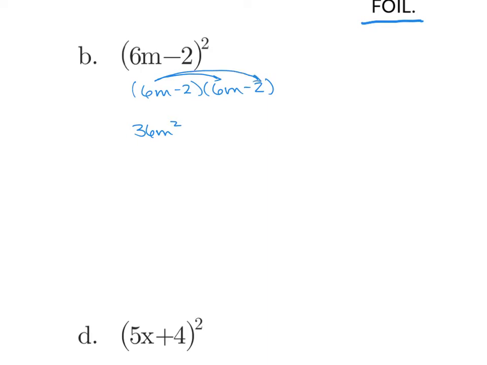Outsides, we get 6m times negative 2 is minus 12m. Insides, we get negative 2 times 6m is negative 12m. And last, we get negative 2 times negative 2 is plus 4. We combine our like terms, and we get 36m squared minus 24m plus 4.